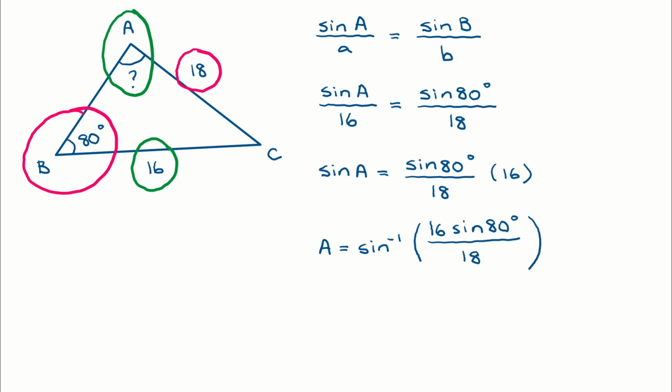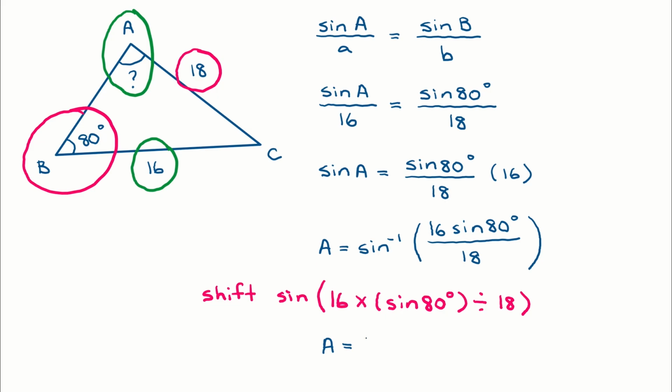So again, I recommend putting this into your calculator all at once. So usually it's shift and then sine. And then we're going to use lots of brackets here. So we're going to go bracket 16 times bracket sine of 80 degrees, bracket, divided by 18, bracket. And that should give you your answer. So I'm getting A equal to approximately 61.1 degrees.